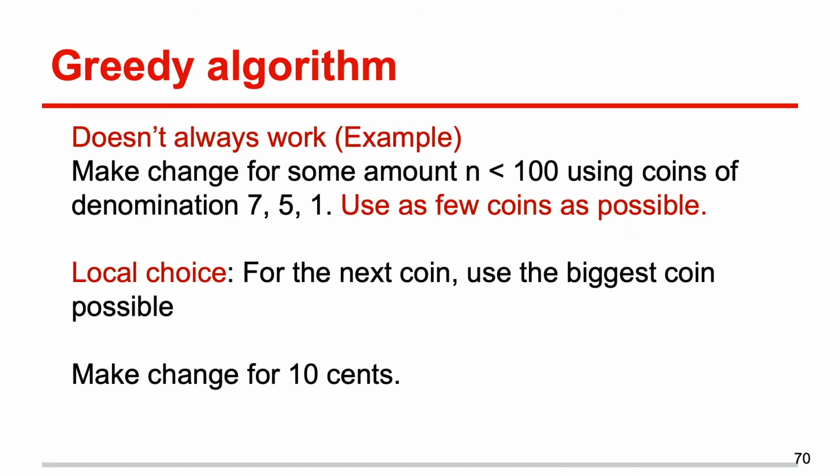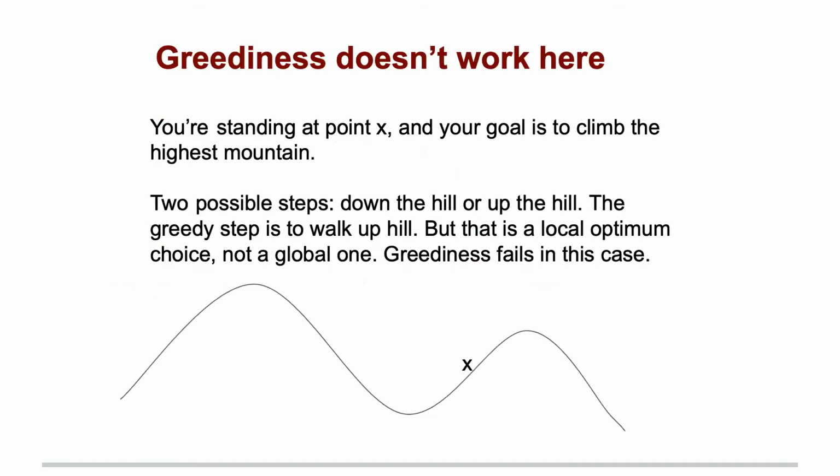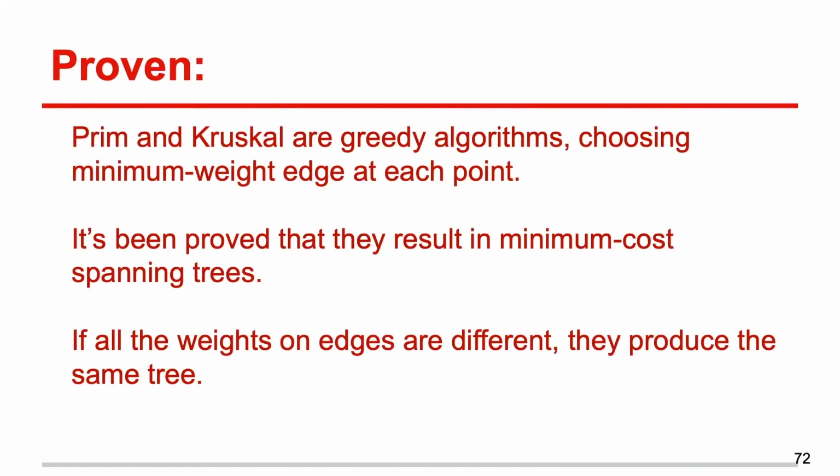If we use greedy to choose the biggest coin, we'll choose 7, 1, 1, 1, which is 4 coins. But the optimum is 5 and 5, which is only 2. So greedy won't work here, and in general greedy doesn't work a lot, because you're just finding the local optimum instead of looking at the global one. But for Prim's and Kruskal, it has been proved that this works in graphs for finding a minimum spanning tree, so you are able to use them without other considerations.